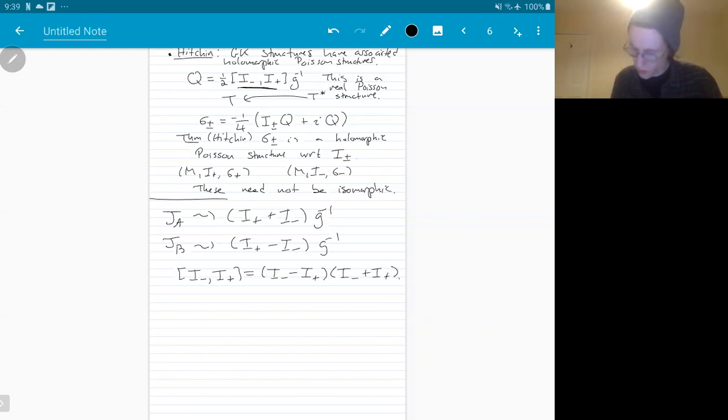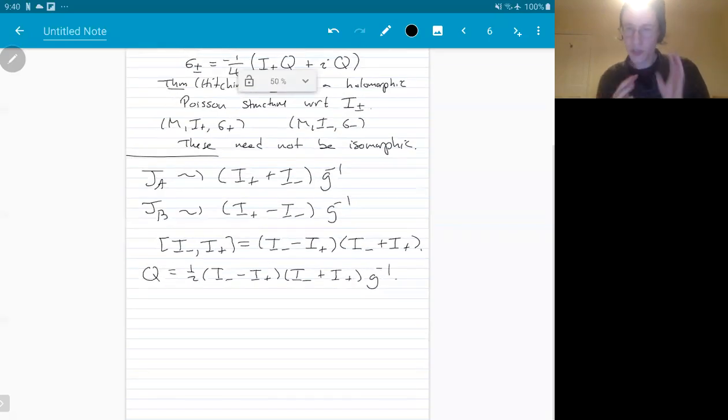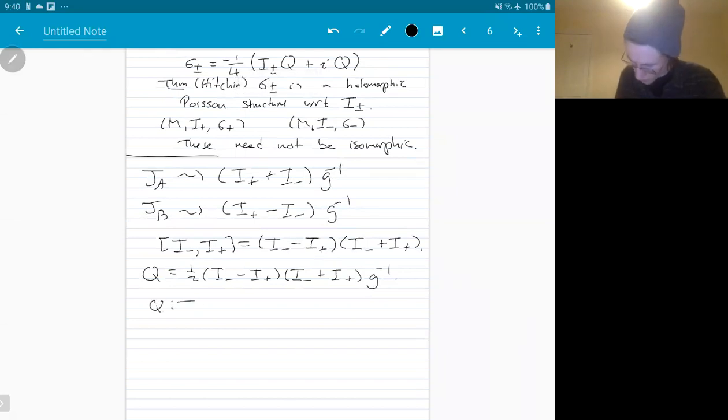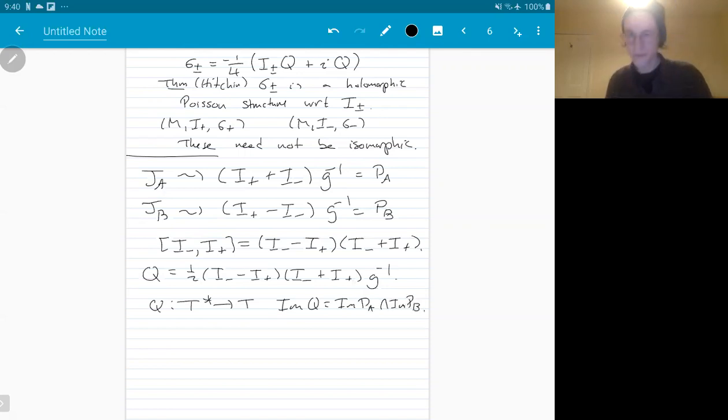So what this means then is that the image of Q, viewing Q as a map from T star to T, is the intersection of the image of, I'll call this one P_A and this one P_B.